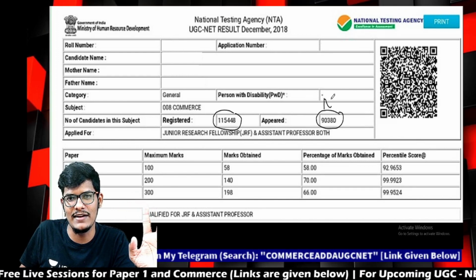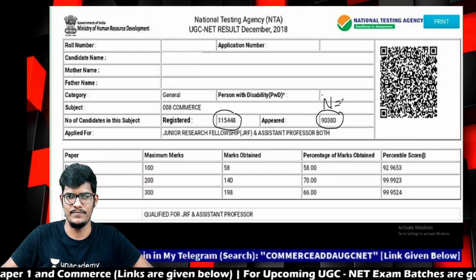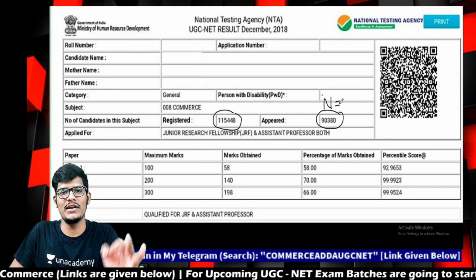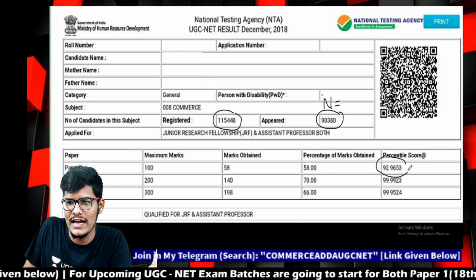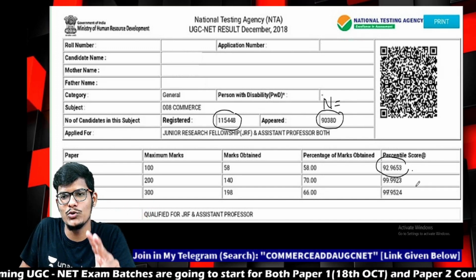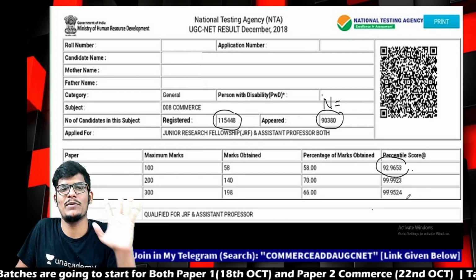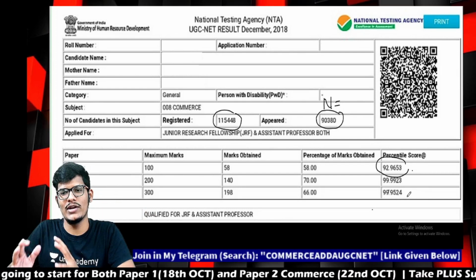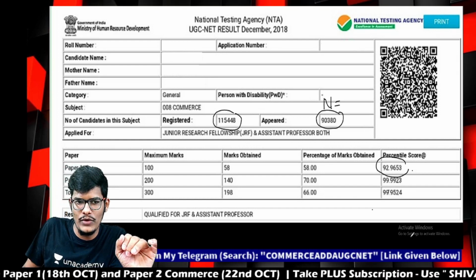That means n is the number of candidates who appeared in commerce. He got a percentile of 92.9653 in paper 1, 99.9923 in paper 2, and 99.9524 in both papers all together. So now how do we tackle this?